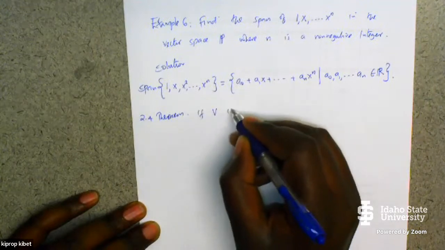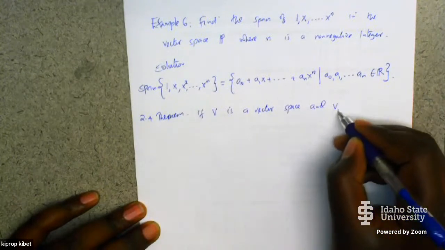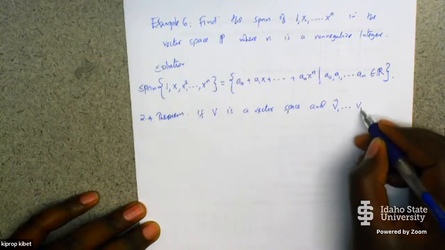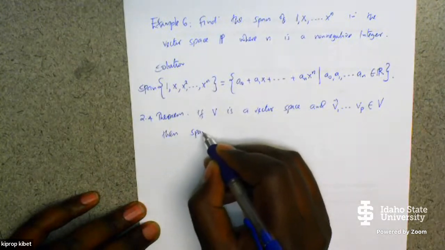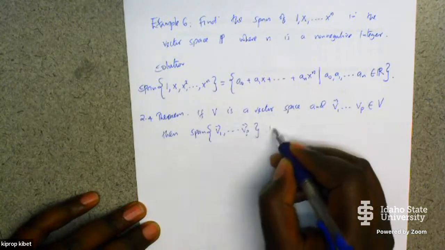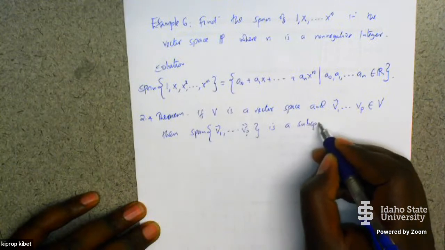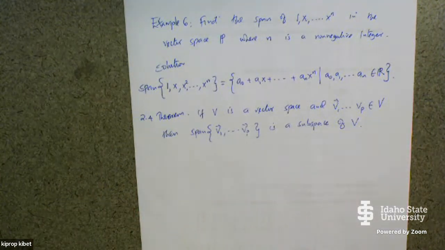If V is a vector space and V1 all the way to Vp are elements of V, then the span of V1 all the way to Vp is a subspace of V. So the span is a subspace of V. You can look at the proof in your book.